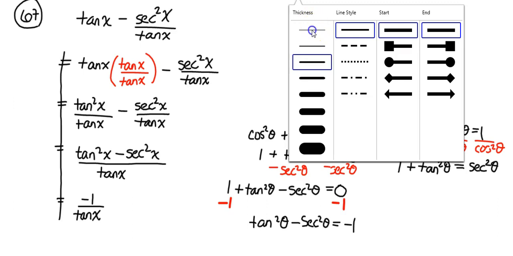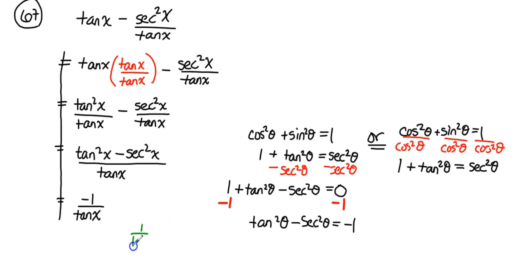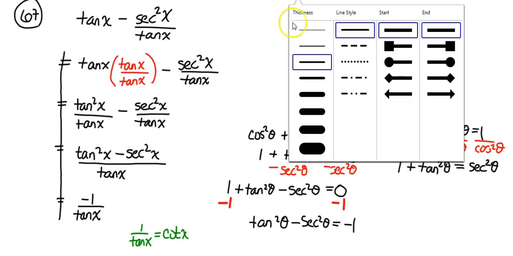You have the ability to go one more step because 1 divided by tangent is equal to, using the reciprocal identity, cotangent. And I realized I dropped a little square here, sorry. No, I didn't.